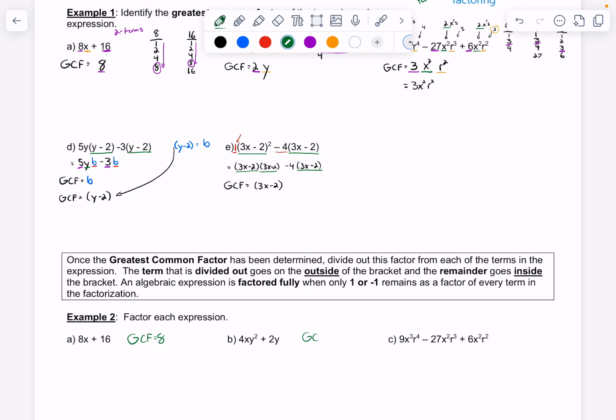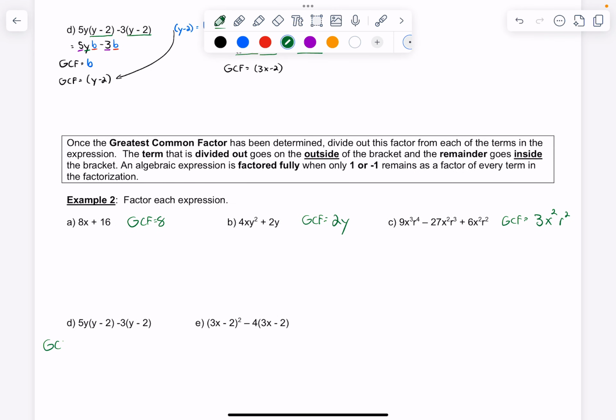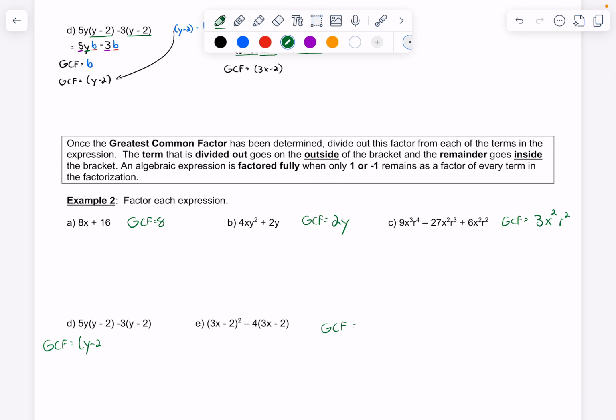Here the GCF, the greatest common factor, was 2y in B. Here the GCF was 3x squared, r squared. In D, the GCF, looking up above, was just y minus 2. And then here, the GCF on E, the one we just did, was 3x minus 2. All right.